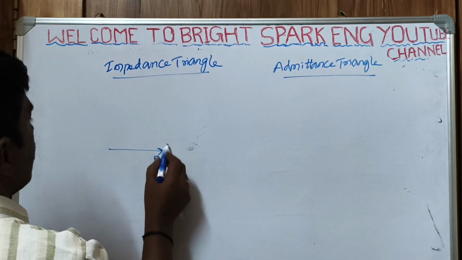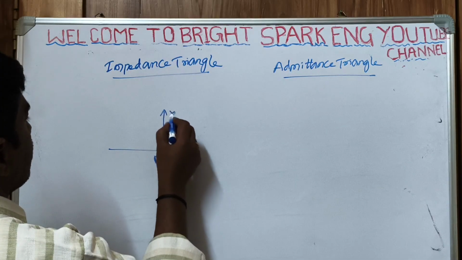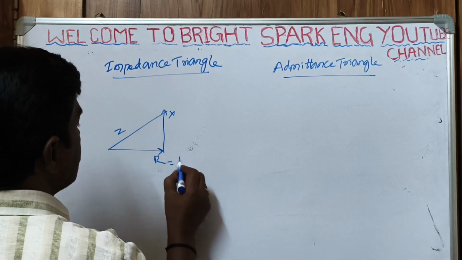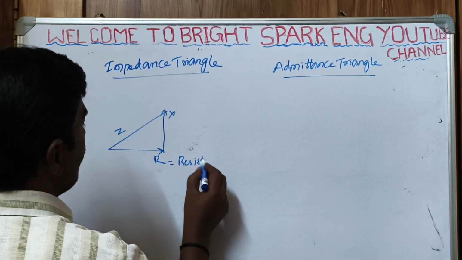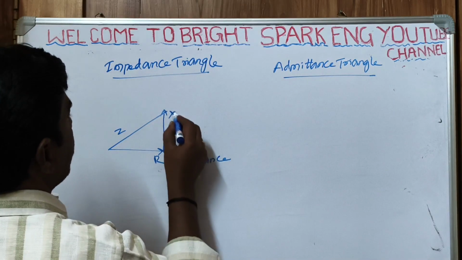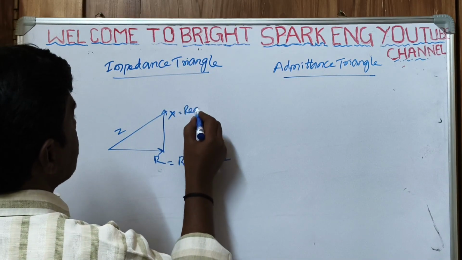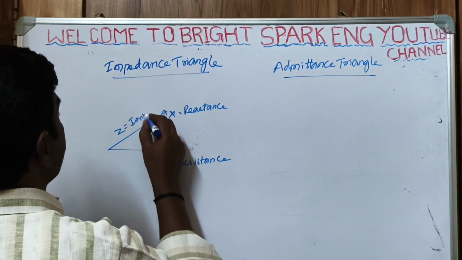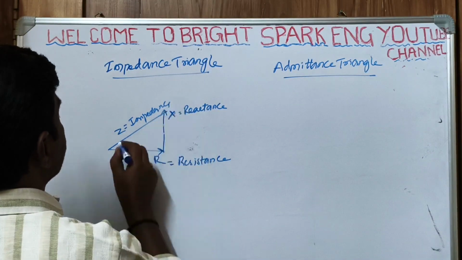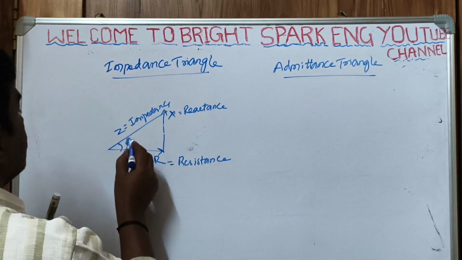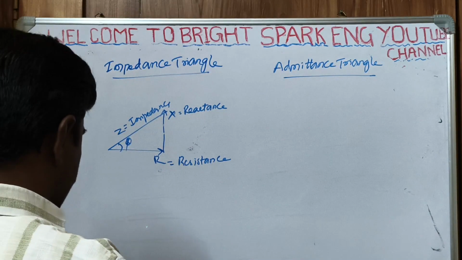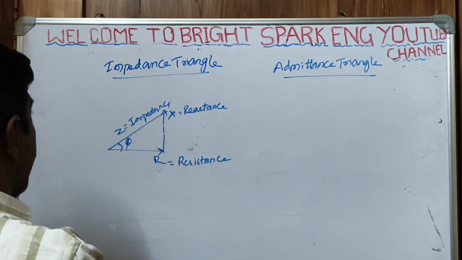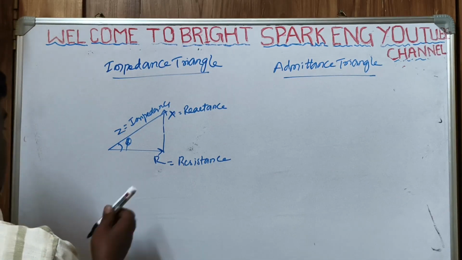This is R, this is X, this is Z, theta. All of you know R means resistance, X is called reactance, Z is called impedance. The impedance triangle is used for series circuits.